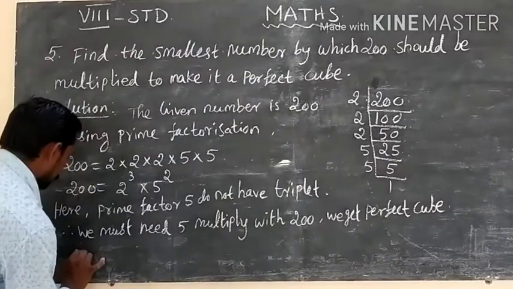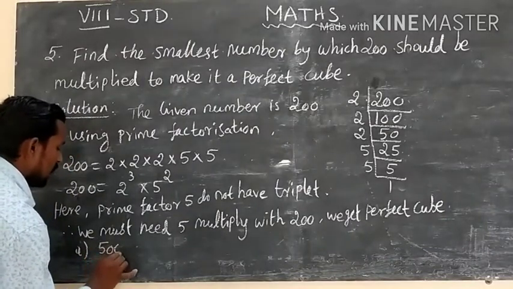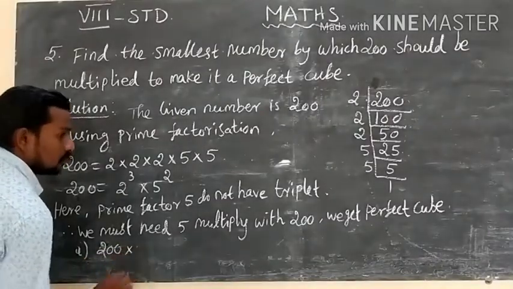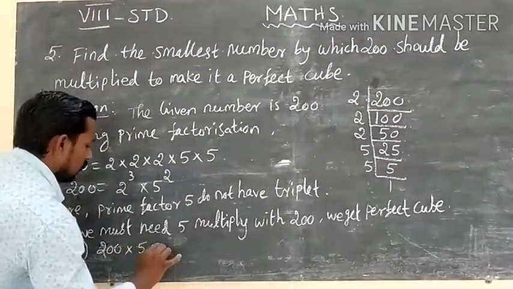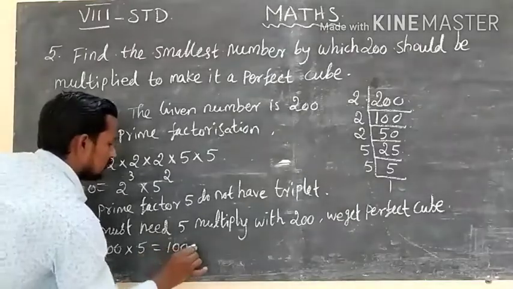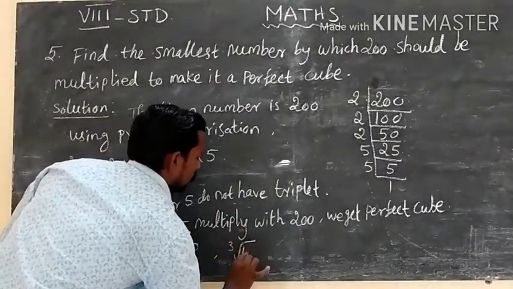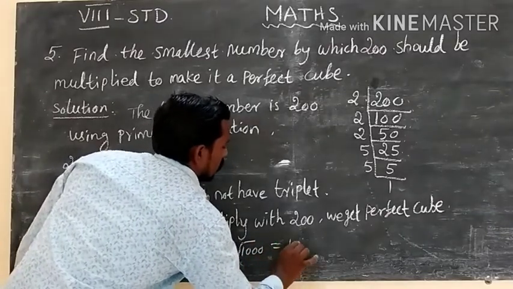That is 200 into 5 equals 1000. Then the cube root of 1000 is 10.